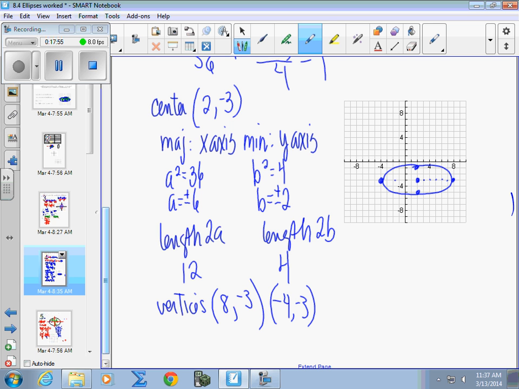On the minor axis, here to here, we actually could look at the point, or we can take the number 2, +2 and -2, and add it to the y coordinate of the center. So the vertices there would be 2, and if we add 2, we get -1, and if we subtract 2, we get -5, which is what this point and this point are.